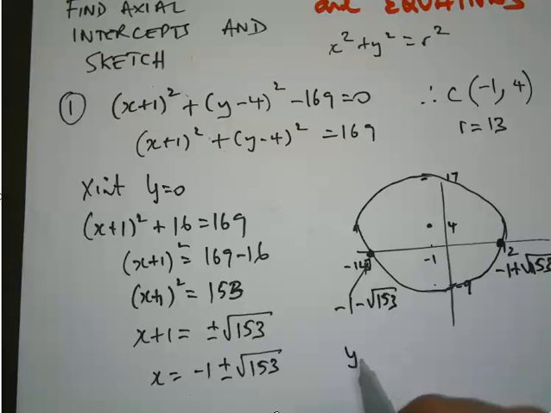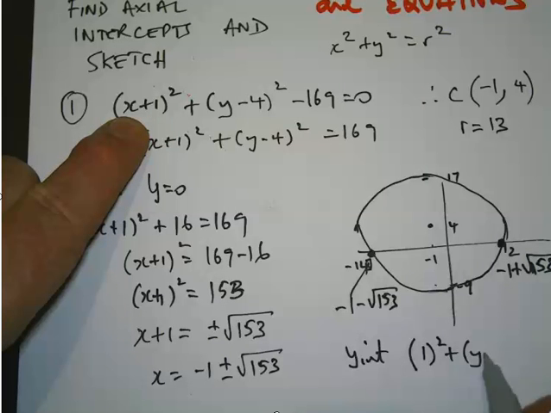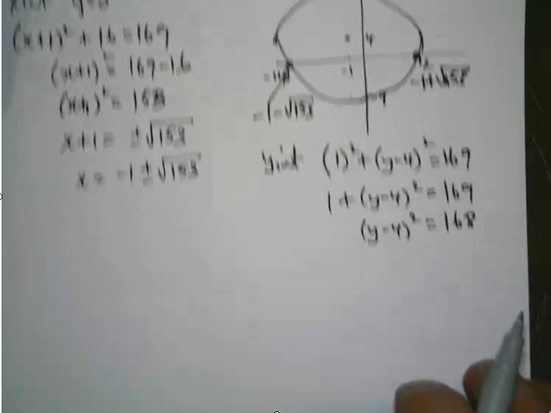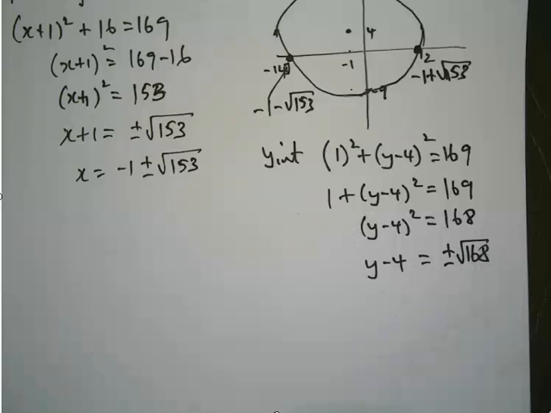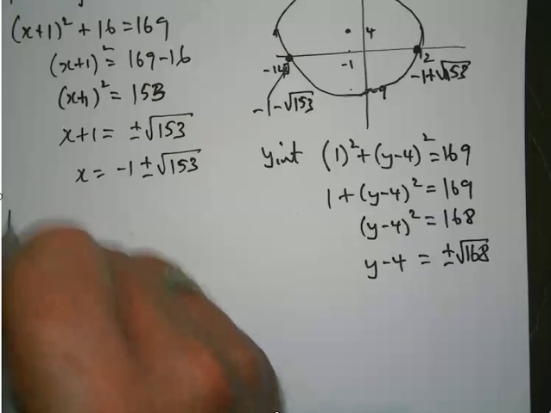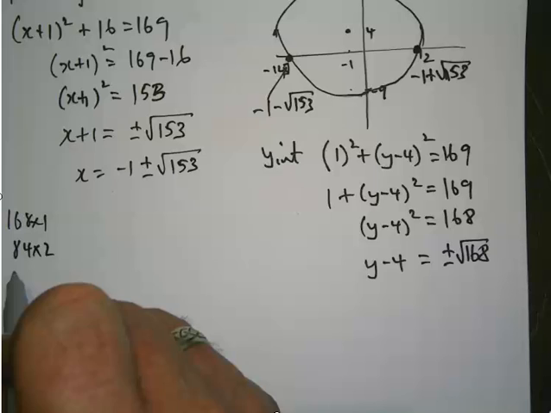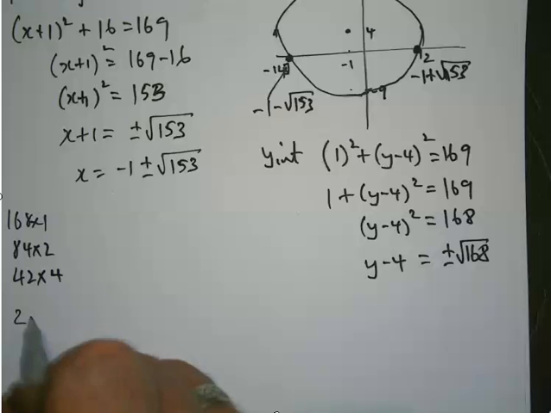To find the y-intercept, that's where we let x equal 0. So I'll have 1² + (y − 4)² = 169. (y − 4)² = 168. y − 4 will equal ±√168. 168 is 1 times 168, 84 times 2, 42 times 4, so it's going to be 2√42.